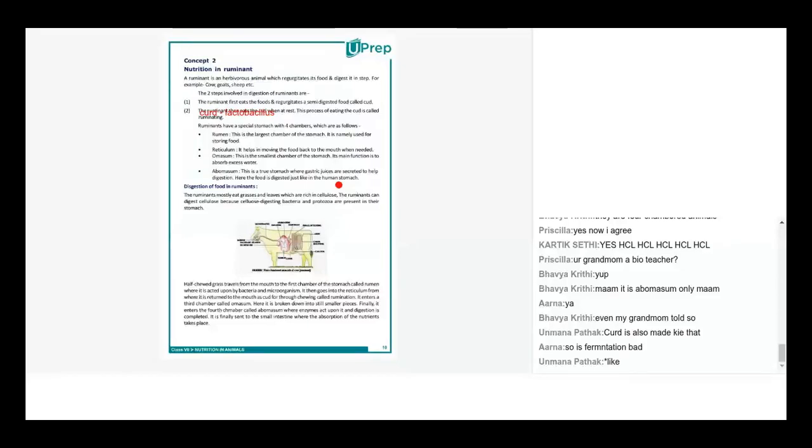Lacto means milk, right? The bacteria which is there in milk is called lacto. Lacto means milk, bacillus means bacteria, right? And if you want to know the scientific name of yeast, Saccharomyces.